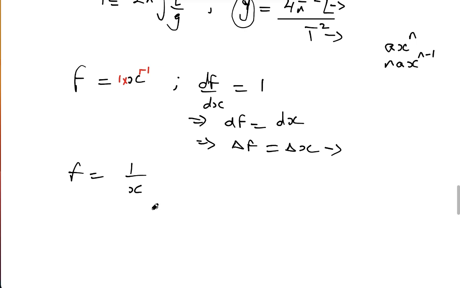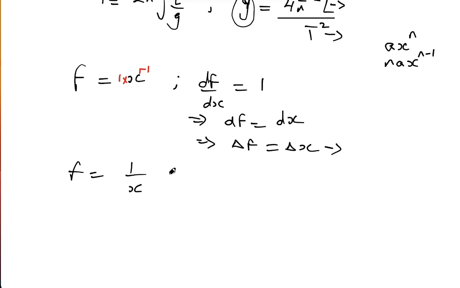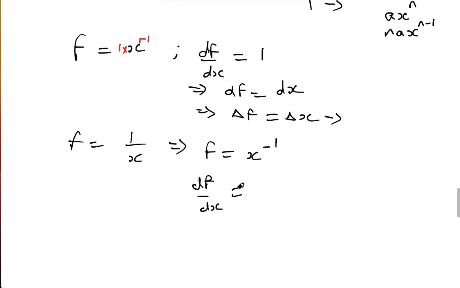Now in this place, we'll use the same approach, but here we will use the law of indices to rewrite this first. This is the same thing as x raised to power negative 1. So therefore, when you find the derivative of this, df/dx, according to this power rule, negative 1 will come down to multiply.